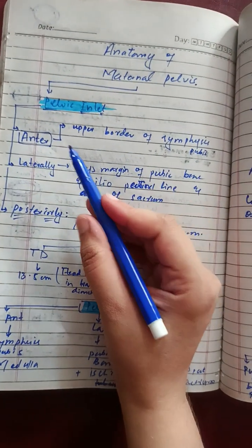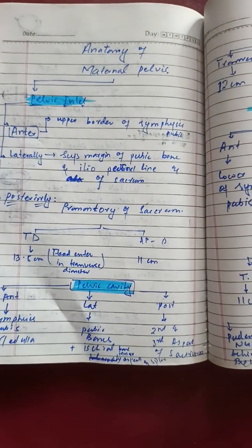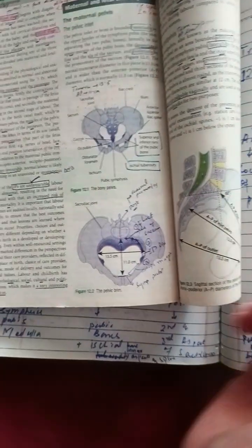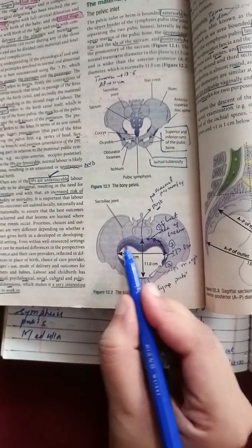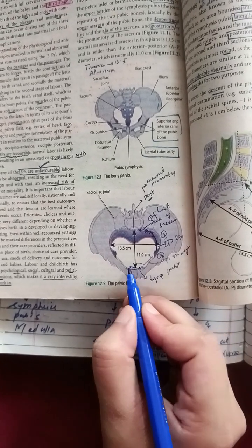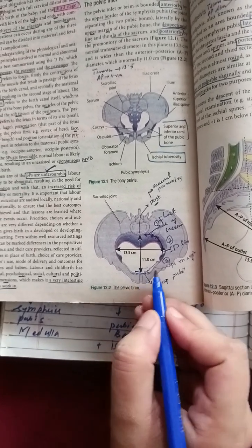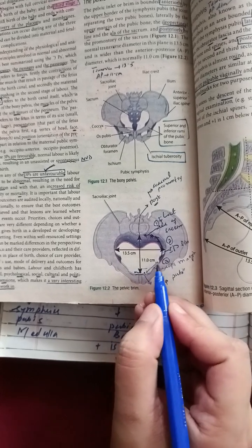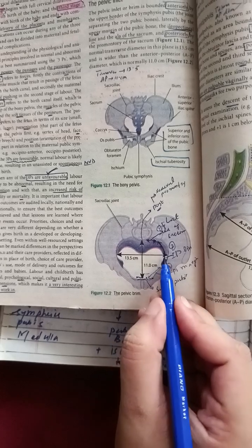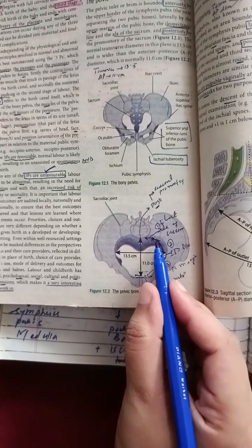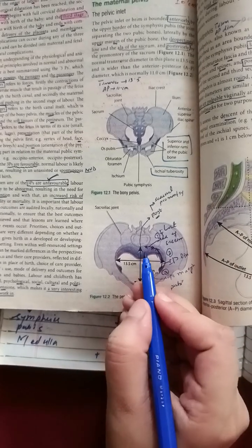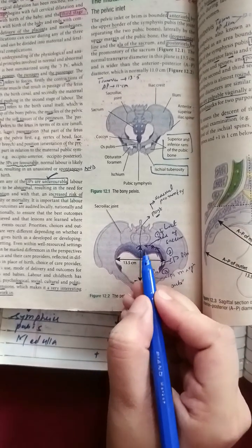The pelvic inlet is anteriorly lined by the upper border of the symphysis pubis. Suppose this is the pelvic cavity and this is the pelvic inlet. It is laterally lined by the superior margin of the pubic bone and the iliopectineal line, and posteriorly by the sacrum.